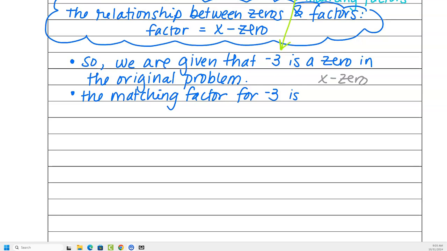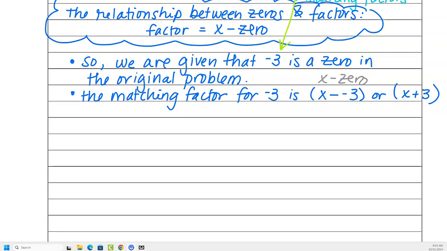So this would be x minus a negative 3, right? Or what's that the same as? X plus 3.